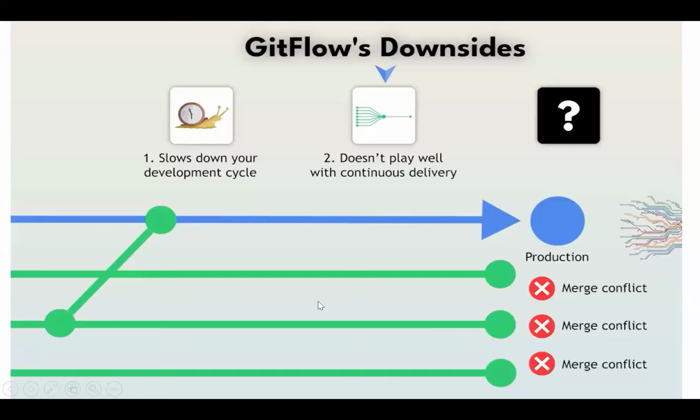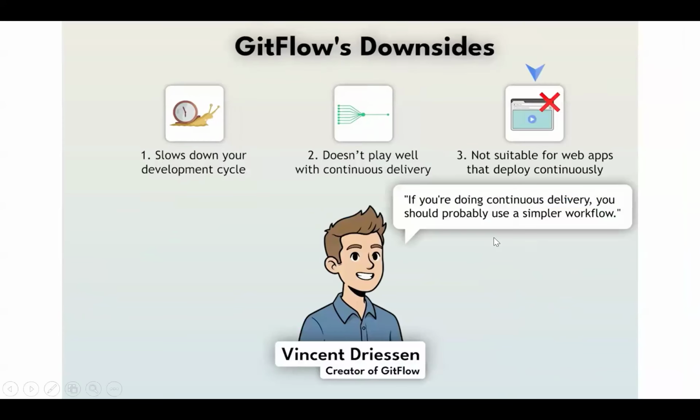You have to merge a lot of branches, so the chances of merge conflicts increase, and it is not suitable for web applications that deploy continuously. So if your product is getting deployed continuously, you should not use this category. Okay.